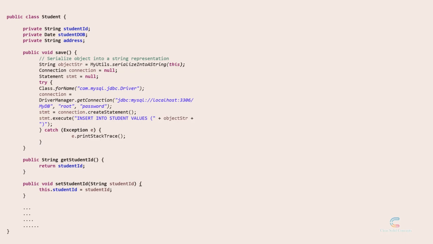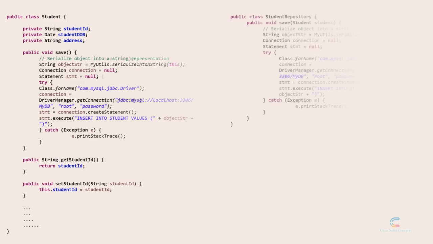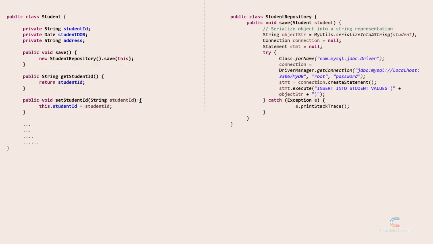So tight coupling is bad in software. So how do we fix this? We'll take the database-related code and we'll move it into a new Repository class. Then we'll refer to this repository method from inside the Student class.